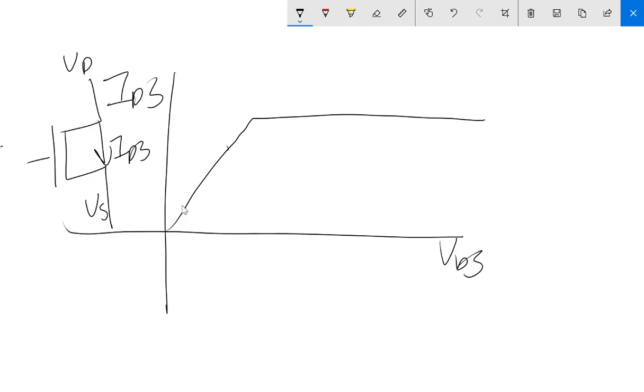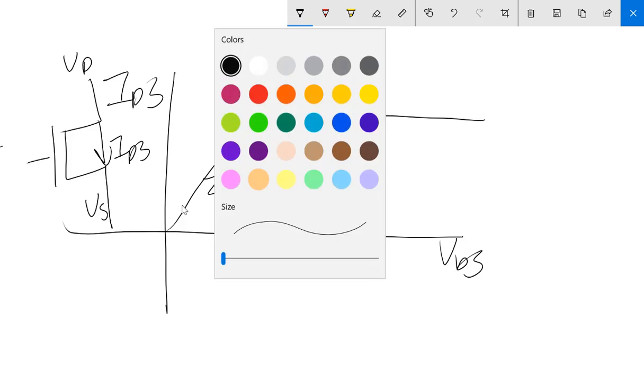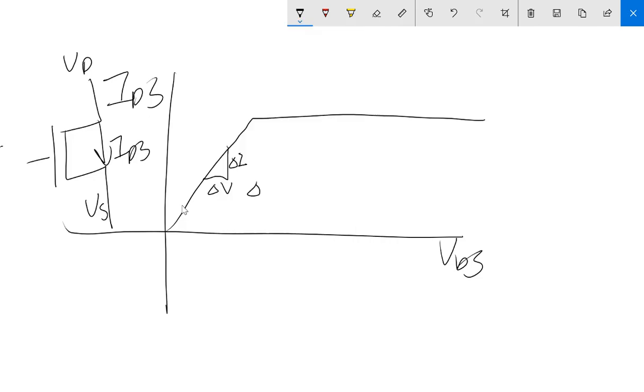If you look at here, that's delta I, and that's delta V, you can see that the resistance is delta V over delta I. And you can see that actually this is not a huge number, because V over I in this curve looks like something close to 1, right?